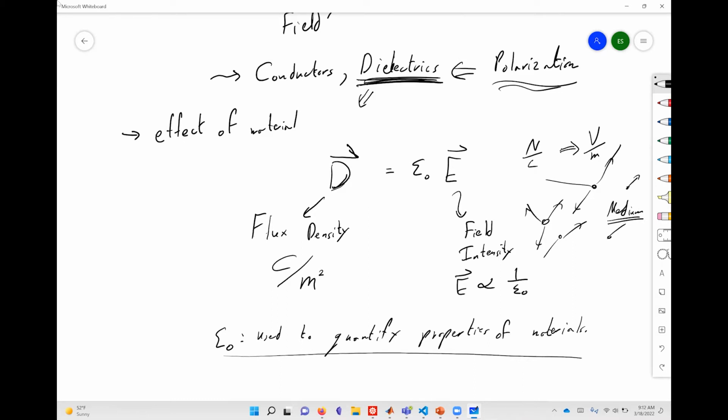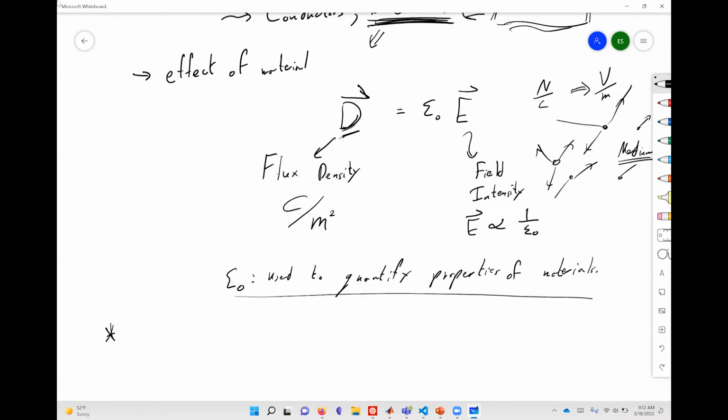We will go deeper into what D actually is. It turns out D is in reality a polarization vector. And we will discuss what polarization is.